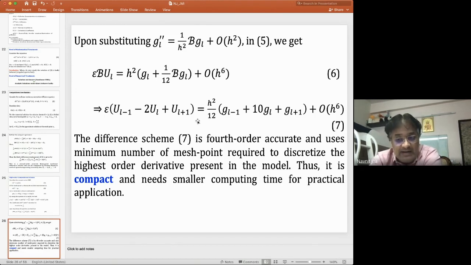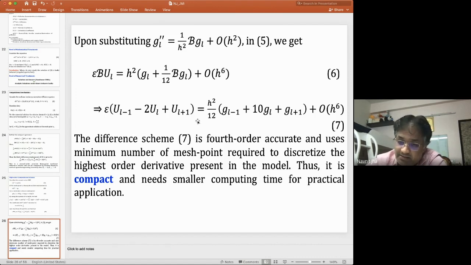That is why the minimum number of points required to discretize the highest order derivative in the equation is 3 only. Therefore, considering only 3 mesh points will suffice to obtain a fourth order method.